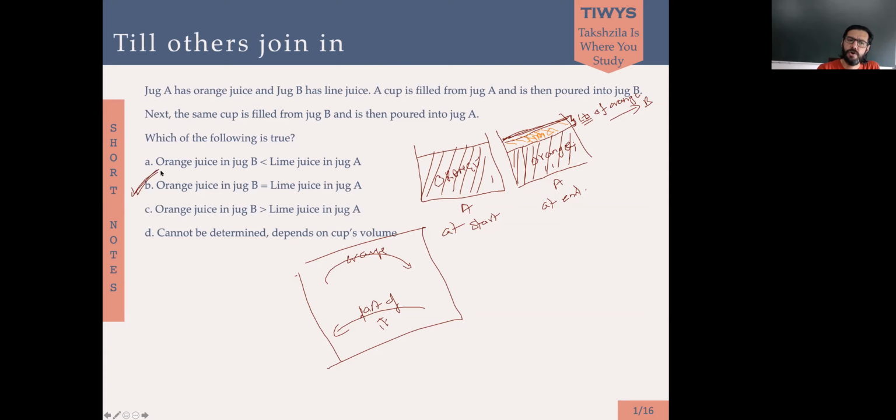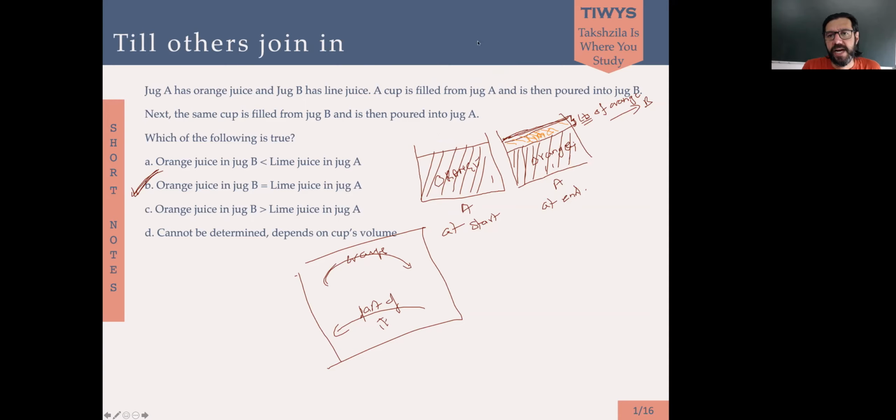So it has to always be equal. Don't get involved in the details of what is going and what is coming. You could even take simple numbers and try it.